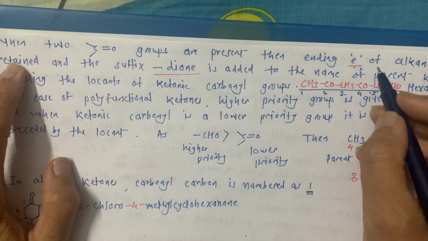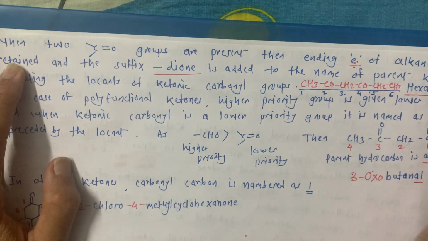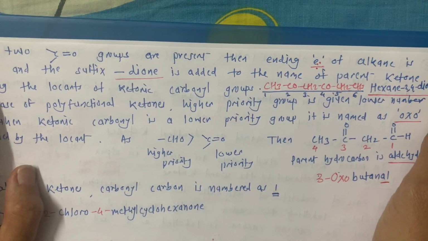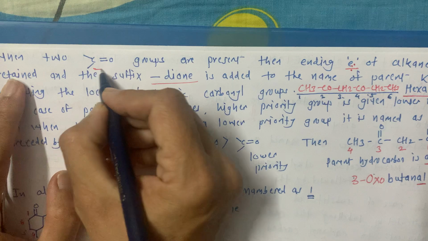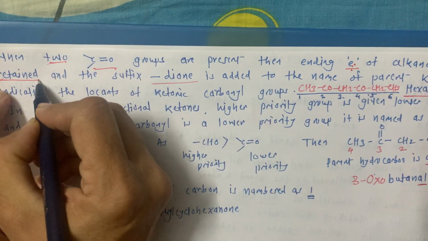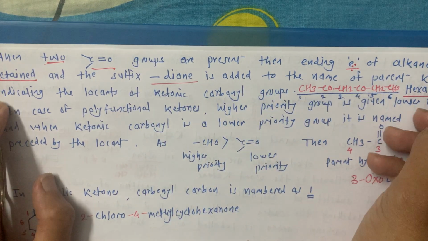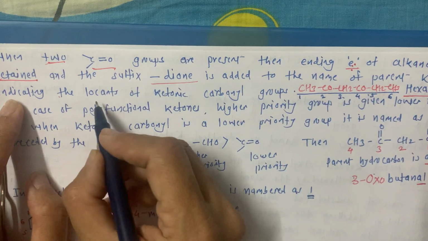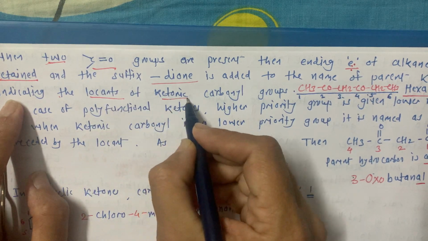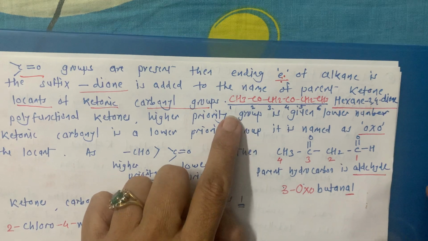Now in the previous example, this E is replaced by ONE, but if we have two carbonyl groups, then we have to retain it. Okay. And the suffix dione is added to the name of the parent ketone, indicating the locants of the ketonic carbonyl groups.